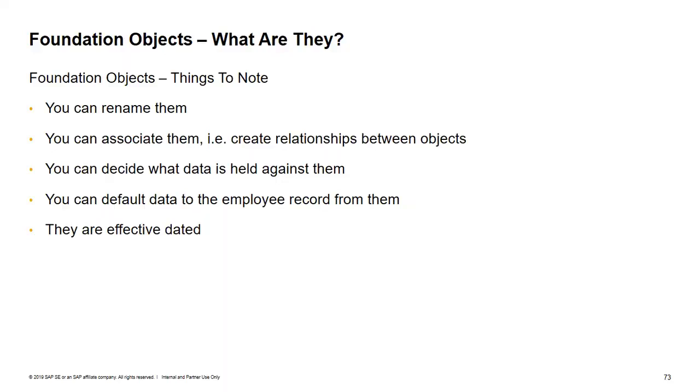You can default certain data for employees from the objects, and they are effective dated. All of these foundation objects are effective dated, meaning every record that you create needs to be created with an effective date.